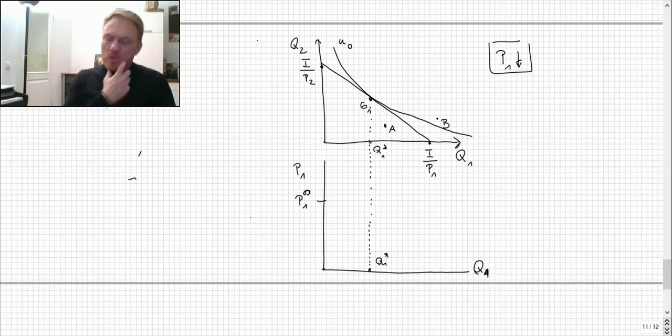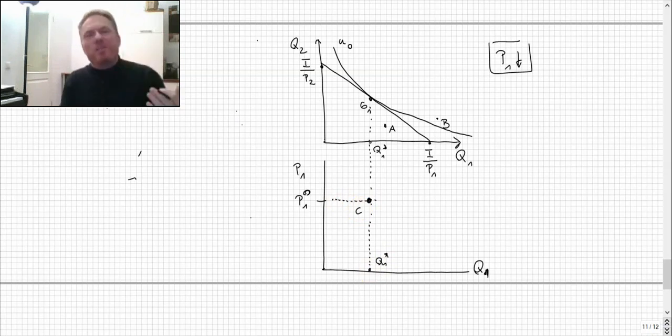So that's the first optimal situation, optimal especially with regard to the first good, meaning that this is the first point, I don't know, C for example. Let's call it C.